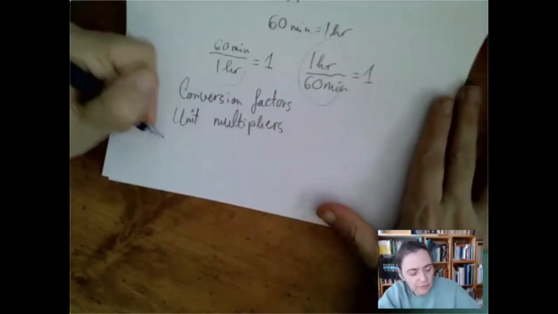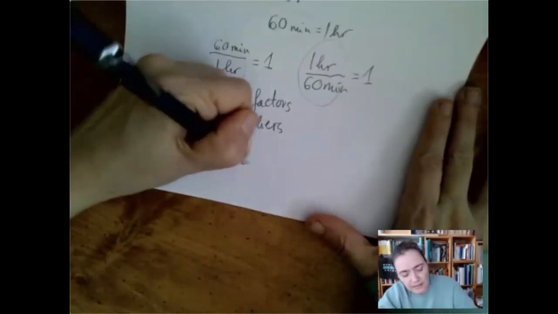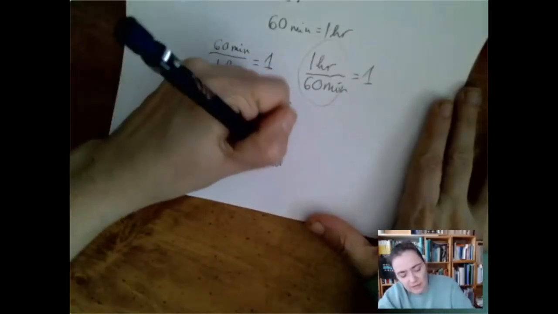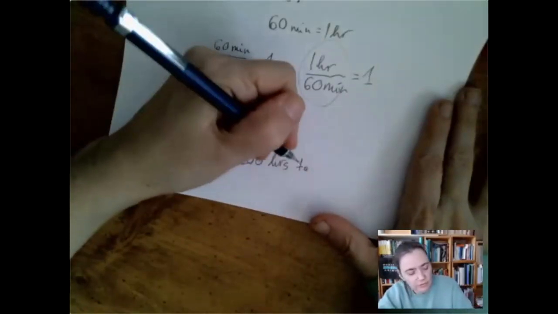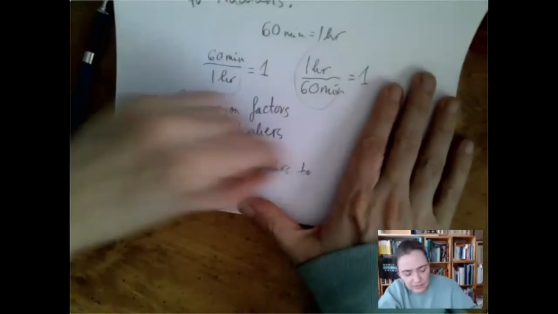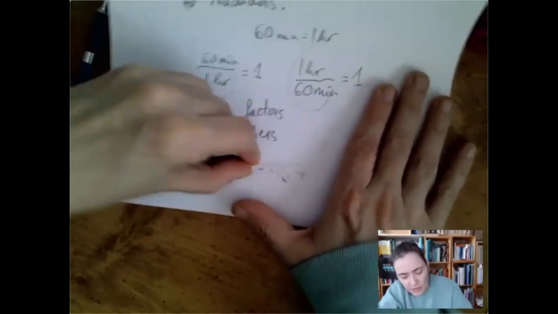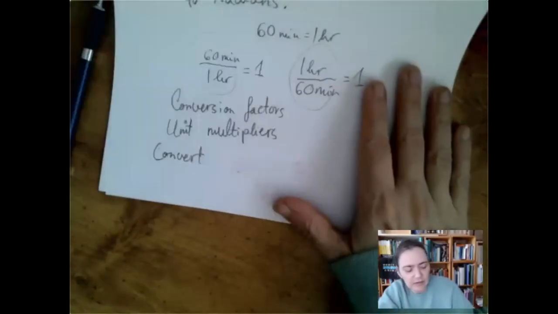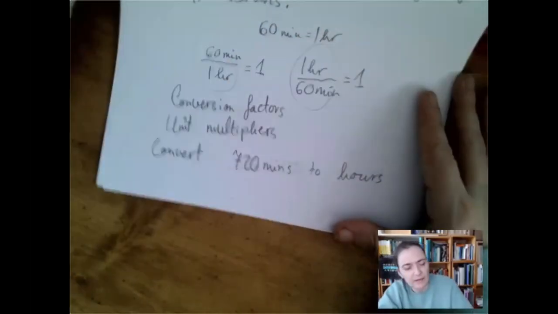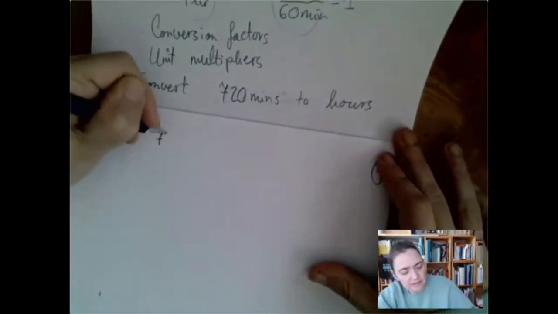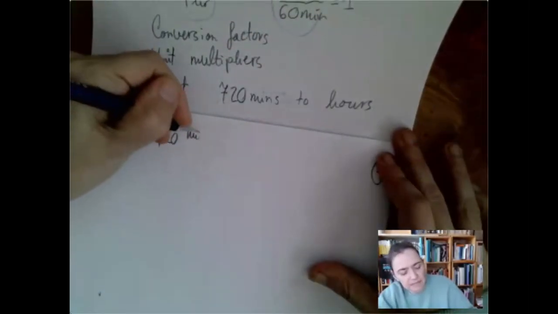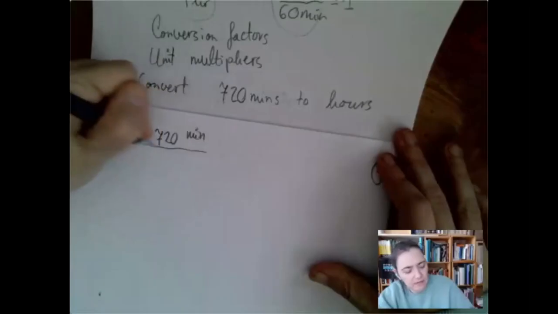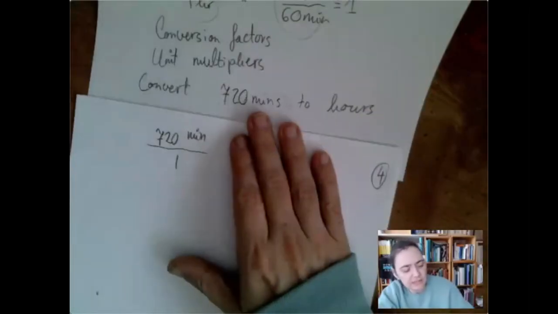So if you want to convert, say, I'll come up with a more mysterious number, how about 720 minutes to hours? Then you start with your 720 minutes. Oh, and we grow a 1. So now it's a fraction.